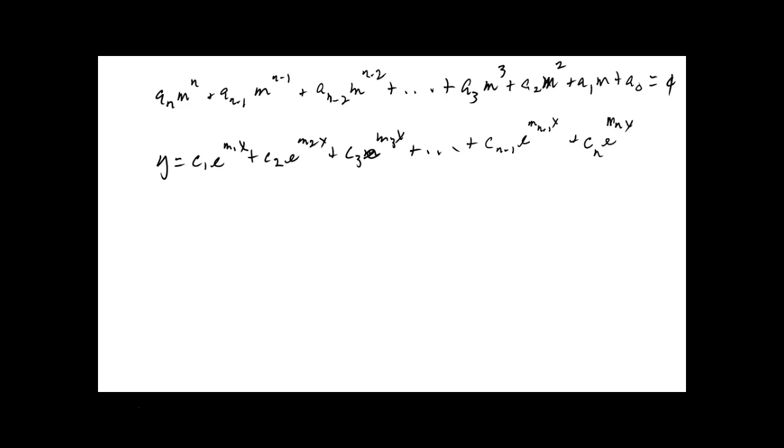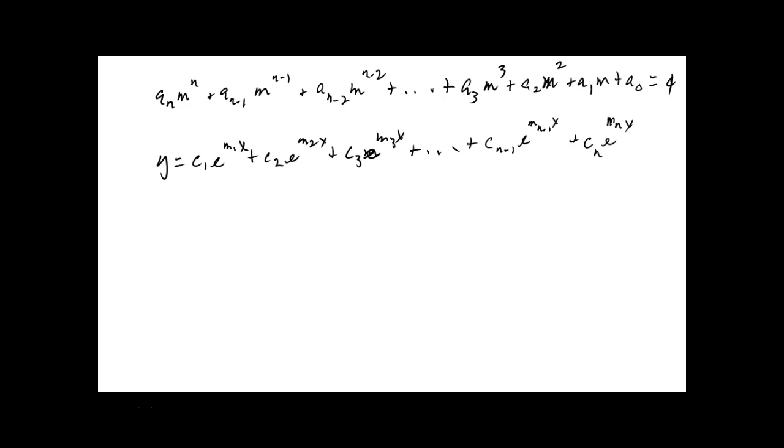Well, if that was the one in here, that the m sub n minus 2 was that, there were 3 of them, then when you got up to that one, you would do c1 e to the 7x plus c2 x e to the 7x plus c3 x squared e to the 7x. You just multiply another x for every multiple you have there.